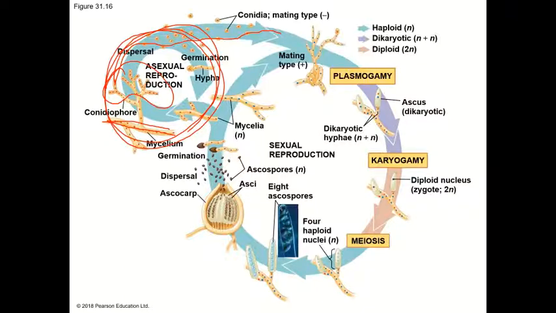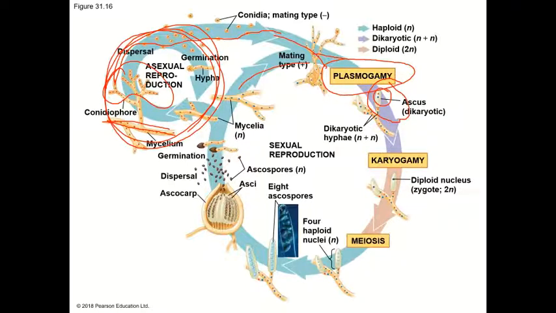And if a negative and a positive mating type mycelium fuse, plasmogamy happens. In plasmogamy, there's a structure called an ascus, where the two nuclei, as you can see here in blue and in red, mix together.